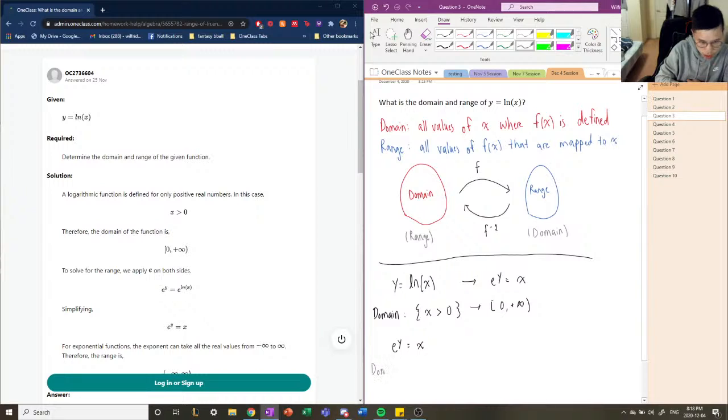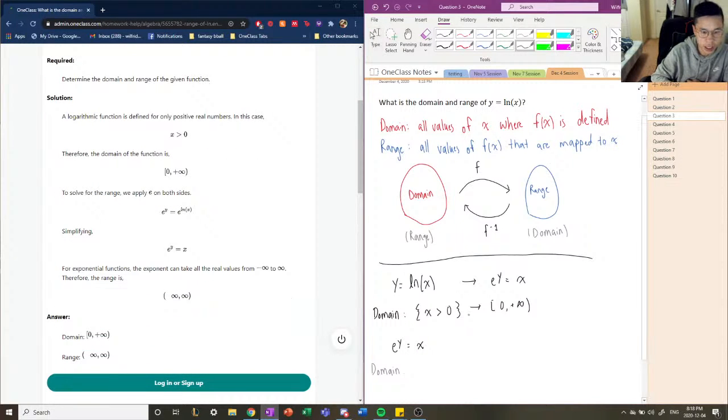Well, the domain of this function is that y can be any of the real numbers. Okay, so y belongs to the real number set.